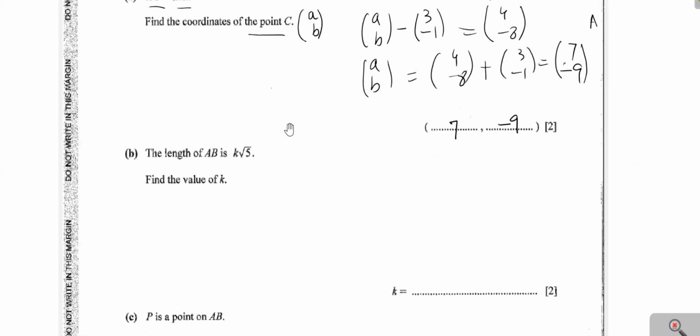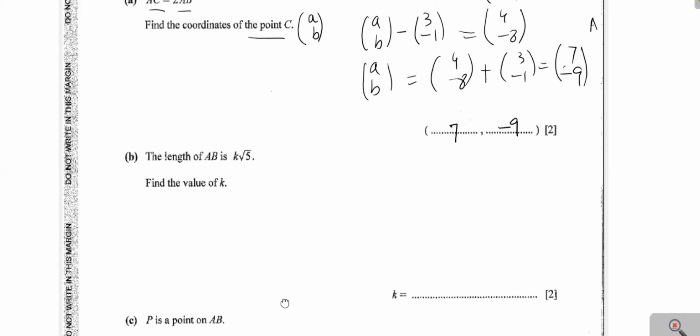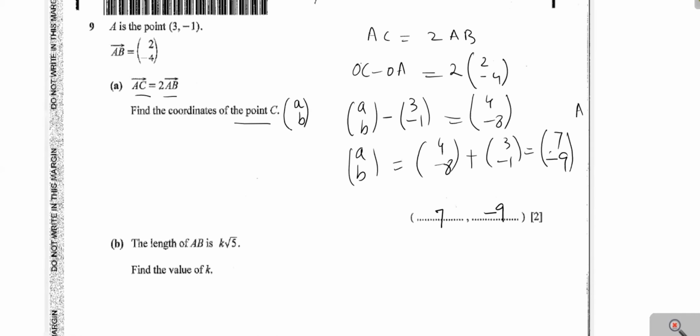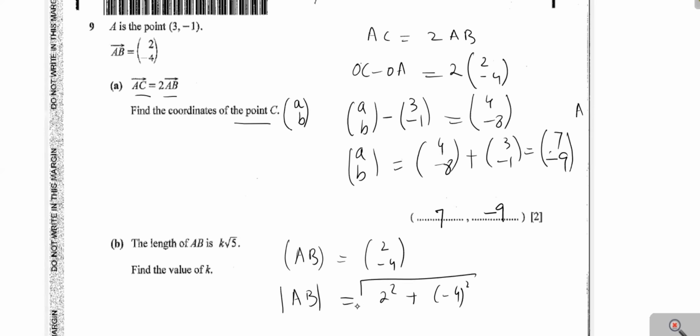Part B, the magnitude of AB is k square root 5. Find the value of k. Look here, the AB vector here is (2, -4), and we can write the AB magnitude. This will be equal to the square root of 2 squared plus minus 4 squared. And this equals the square root of 4 plus 16, and this is square root 20.